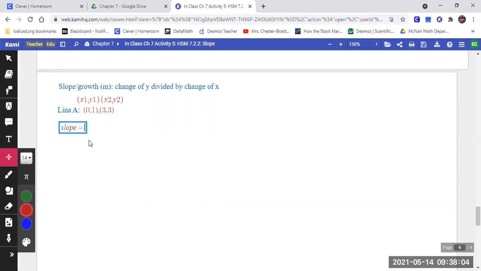If I want to find out how much the Y changed, am I going to add, subtract, multiply, or divide?